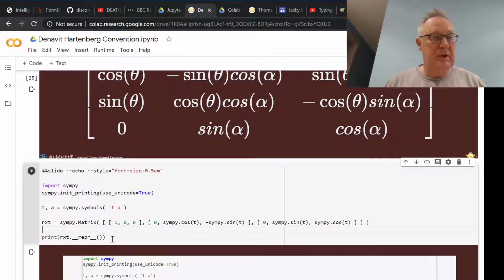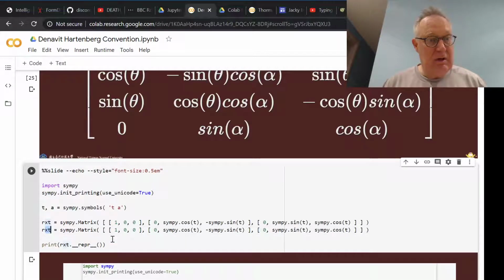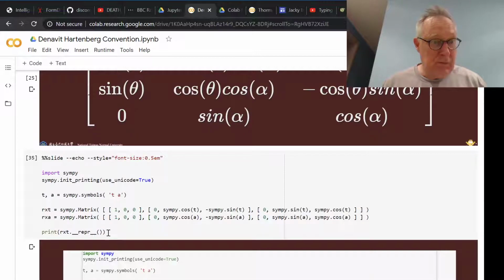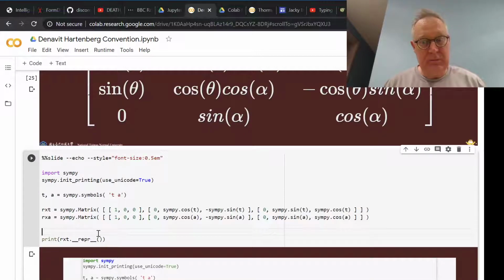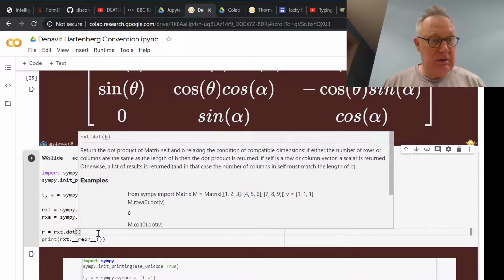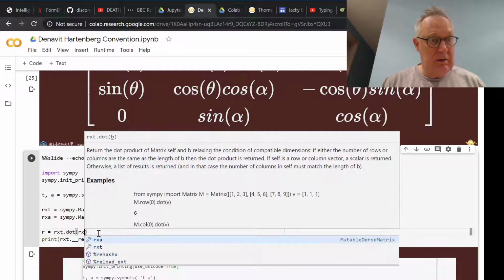Alright, so this will be RXT, and then we set RXA alpha, so that will be A, and R is equal to RXT dot RXA.